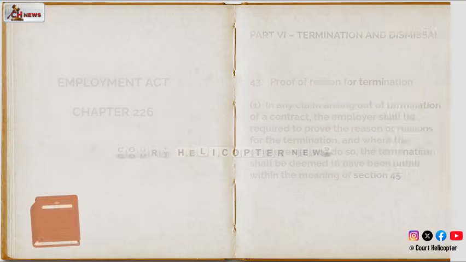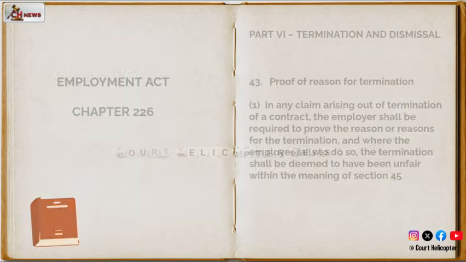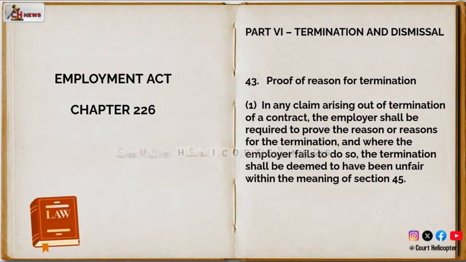Then how does your employer prove that you have been terminated? Some of you go and you are told by word of mouth, wewe na watchman, nenda, boss alisema hakutaki hapa. Or your boss walks in and says, you are fired, huna kazi hapa. The law does not recognize such. Section 43 says, in any claim arising out of termination of contract, the employer shall be required to prove the reasons for termination, and where the employer fails to do so, the termination shall be deemed to have been unfair termination as provided for in Section 47.